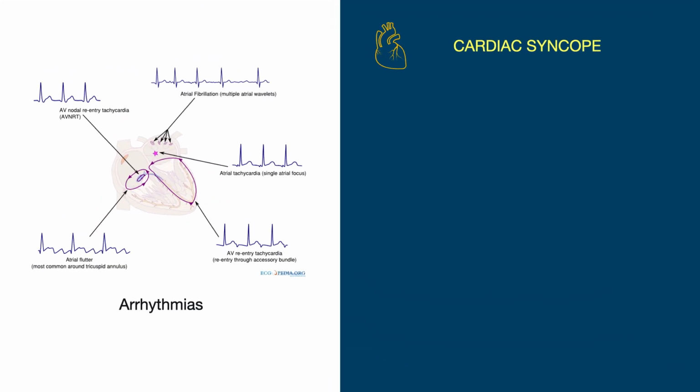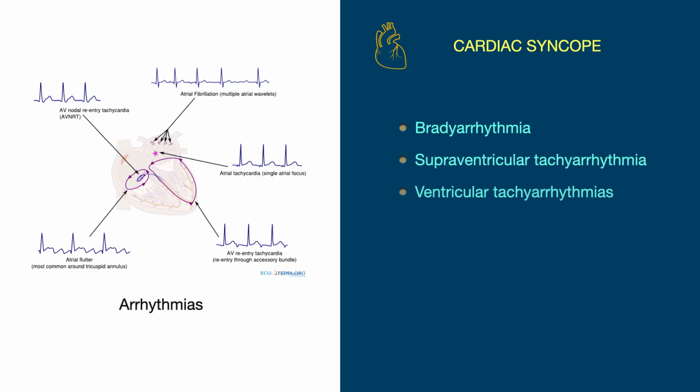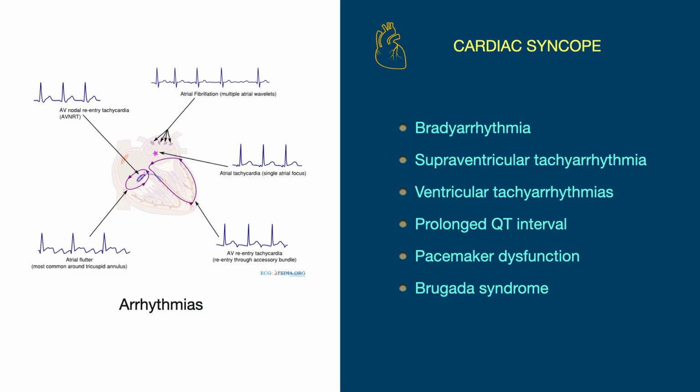Arrhythmias may include bradyarrhythmias, supraventricular tachyarrhythmias, ventricular tachyarrhythmias, prolonged QT interval, pacemaker dysfunction, and Brugada syndrome. These conditions may lead to significant reduction of cerebral blood flow leading to syncopal events.